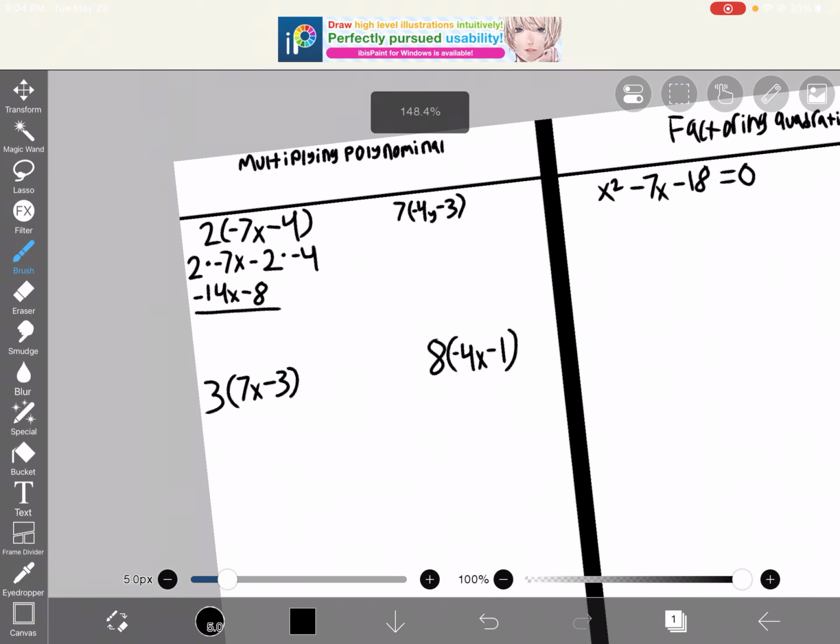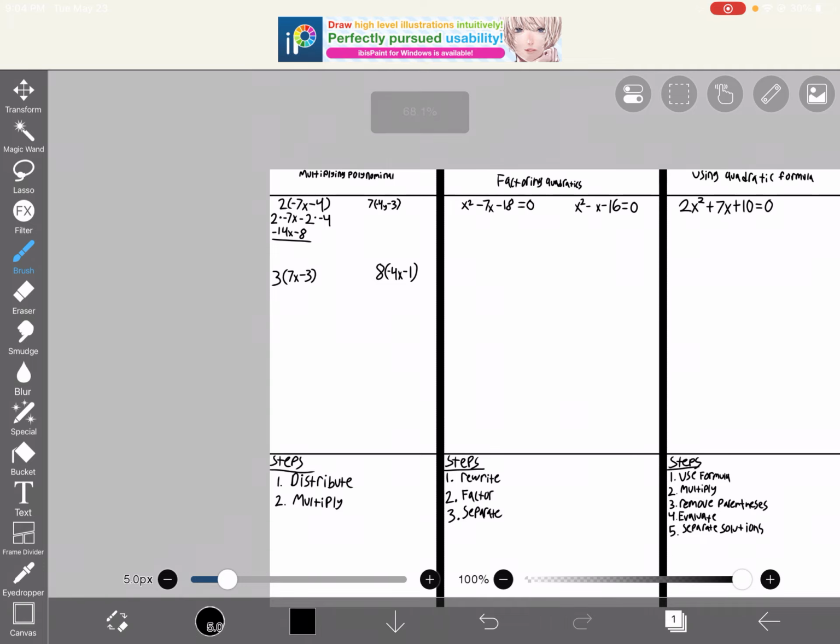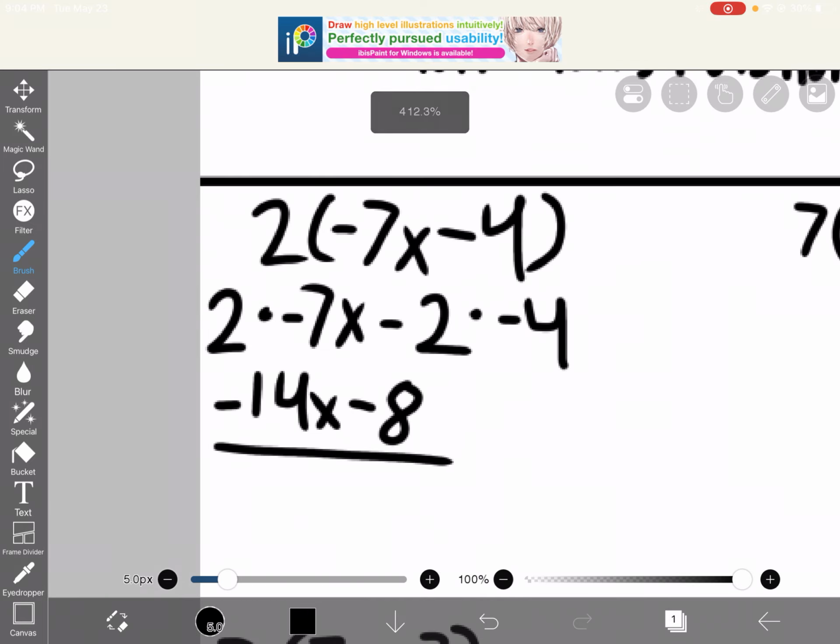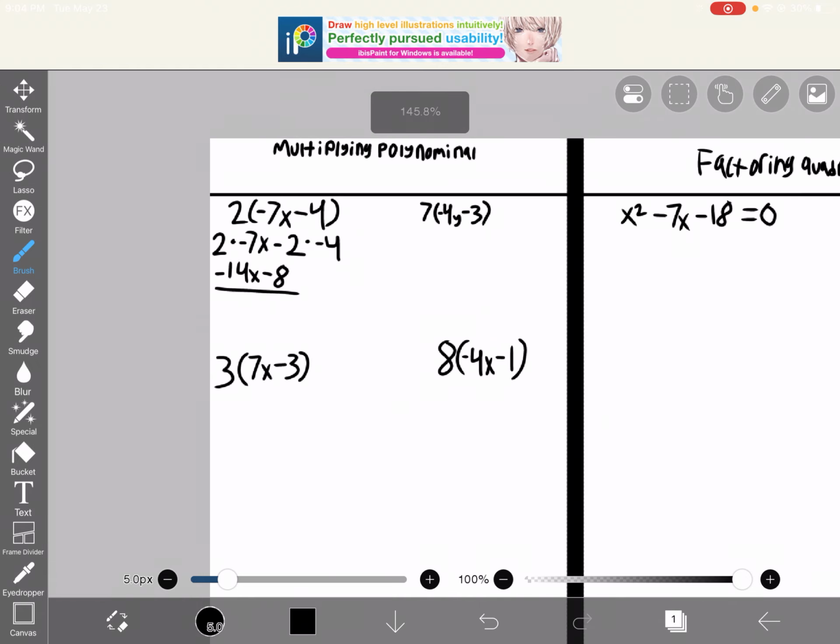It's as simple as 2 steps. All you have to do is distribute or multiply. It's basically the same thing.